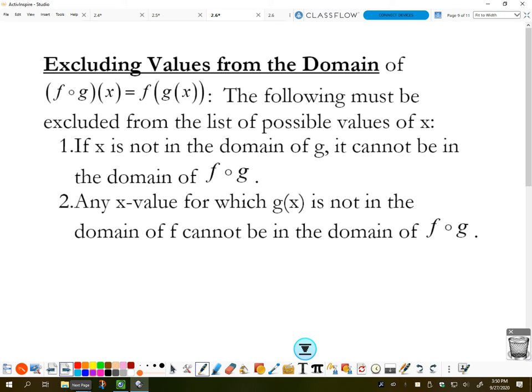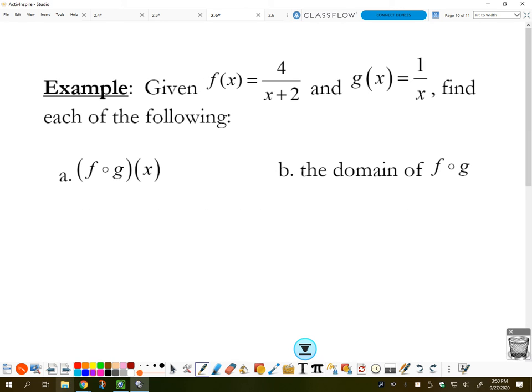All right, so when you're doing the domain of a composition, you have to take out any x not in the domain of g, and then any x not in the domain of f of g, which then all works itself out when you just look at what you've been given.